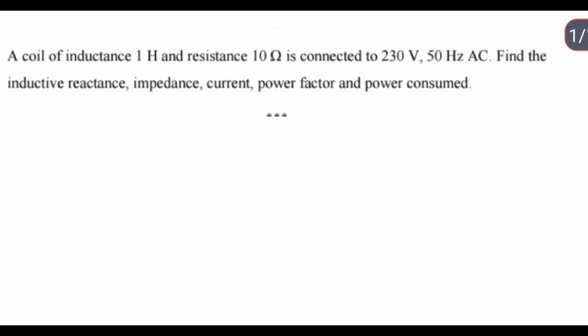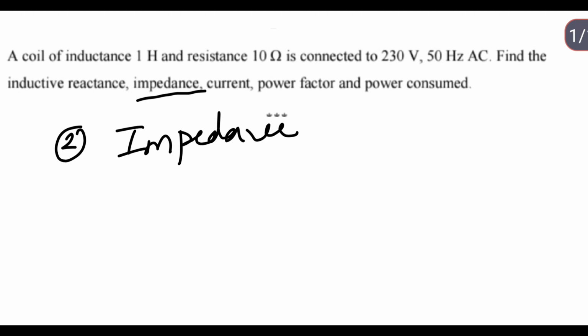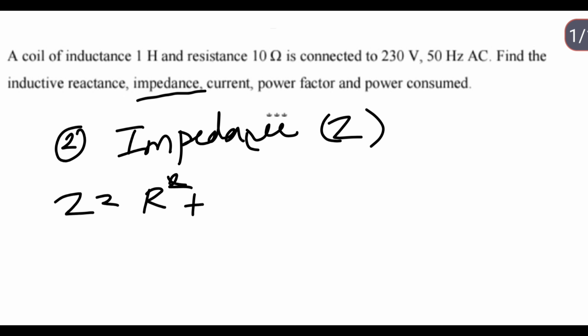Next is the impedance. Second, the impedance, which we represent as Z. The formula is Z equals the square root of R square plus XL square.